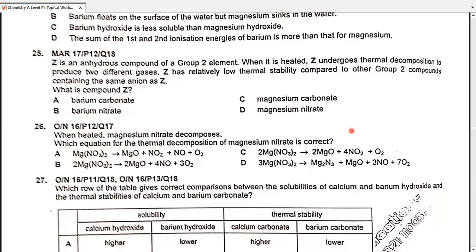So it's either magnesium carbonate or magnesium nitrate. Which one among these produces two different gases? Nitrogen dioxide and oxygen, with magnesium oxide.